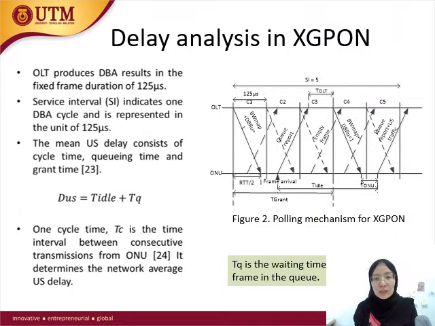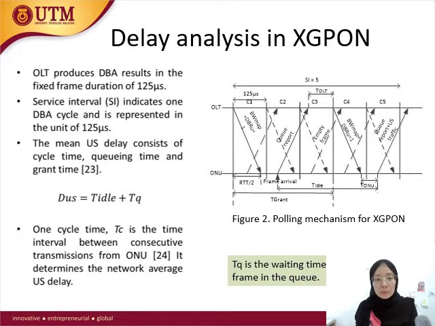So, delay analysis in XGPON. In XGPON, the OLT produces DBA results in the fixed frame duration of 125 microseconds. There is a parameter called service interval, which indicates 1 DBA cycle and is represented in the unit of 125 microseconds. The mean upstream delay consists of cycle time, queuing time, and also grant time.